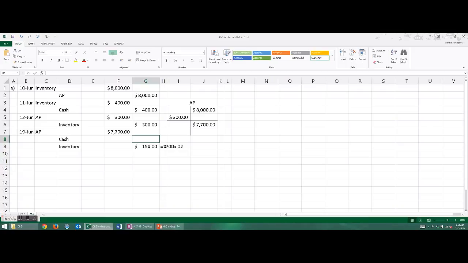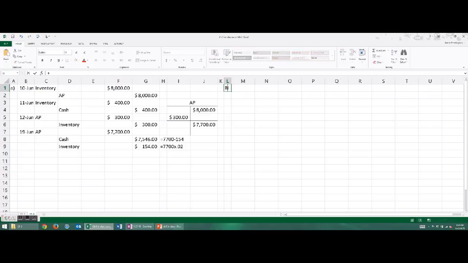So $7,700 less $154. I'll show my formula there. And that's all part A asked for. We journalized the transactions for the purchase of inventory.